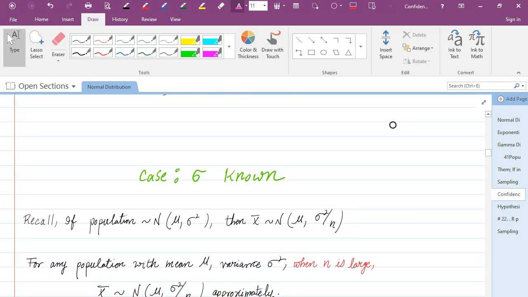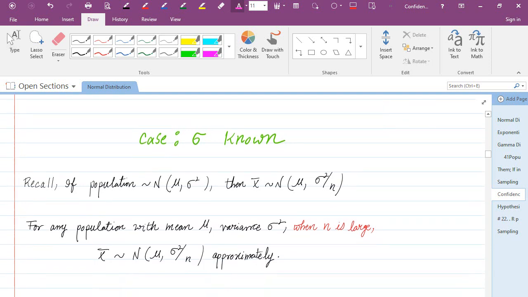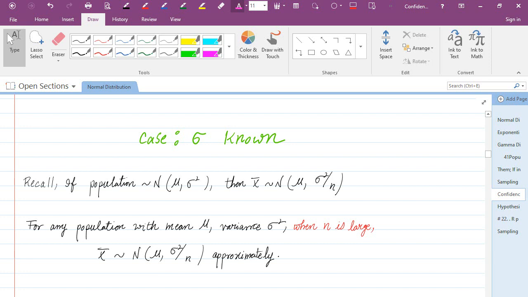The other case would be obviously that sigma is not known, in which case we are going to have to estimate the population standard deviation by using a sample standard deviation. And we're going to look at the case when sigma is not known in a later video.